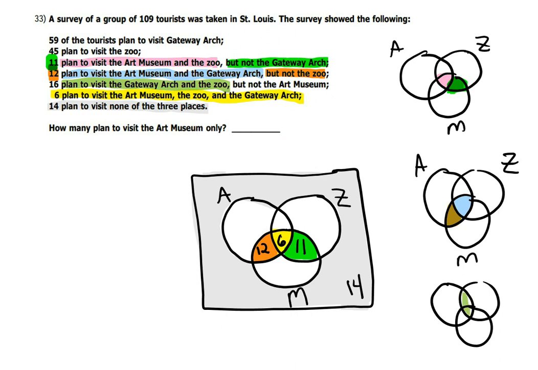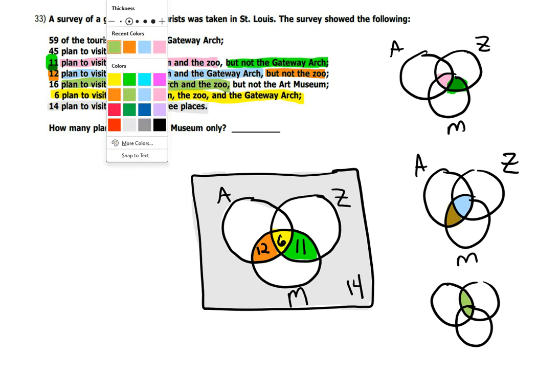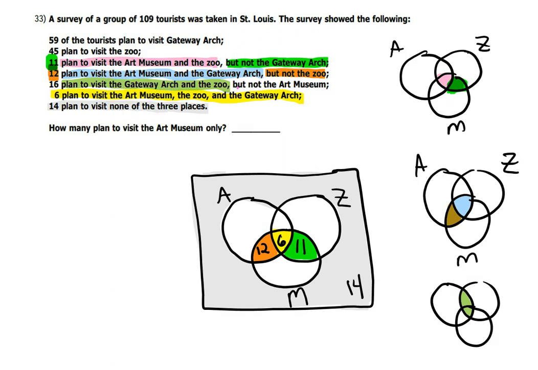That would be this region. But it's saying, let's go bright pink, but not the art museum. So if they're not going to the museum, you take that centerpiece out and you're just looking at that region. So this region right here are these 16 people.